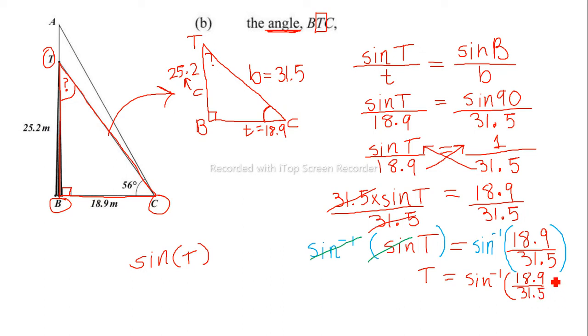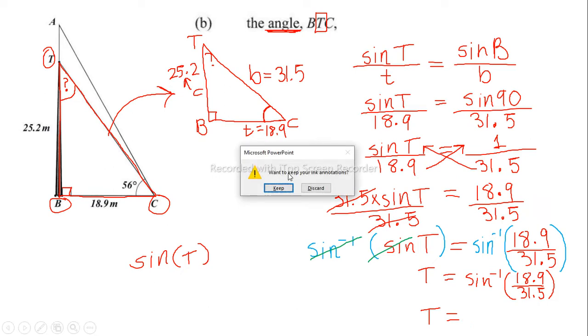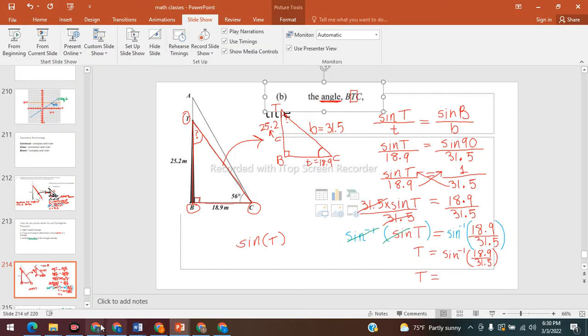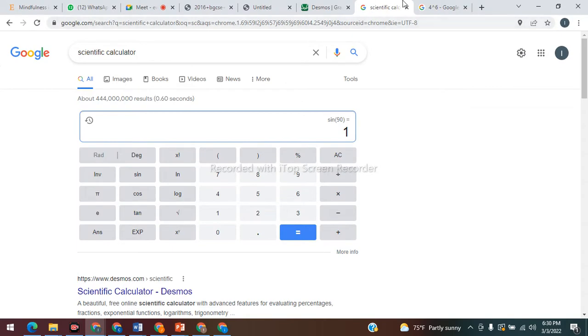Now we need to figure out the sine inverse of 18.9 divided by 31.5. You have to use a calculator for this one.